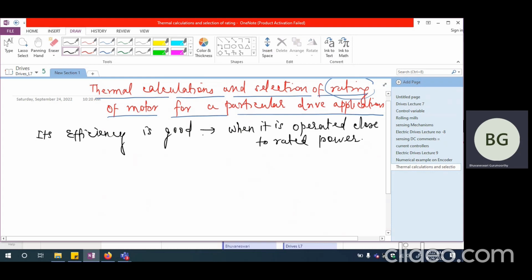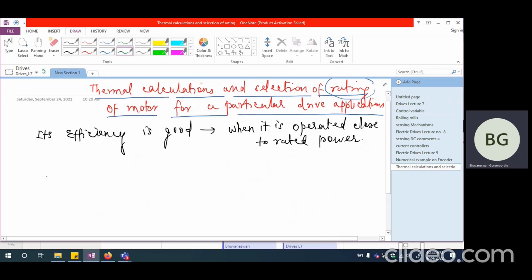Otherwise, we are going to waste a lot of energy that is being supplied in the form of heat losses, maybe copper losses, maybe constant losses, and so on. So we definitely need to calculate what is the kind of power output which will be expected of a motor, and then we'll try to make sure that we choose a motor whose power rating is close to the output power that it is going to deliver most of the time so that it operates at a good efficiency.